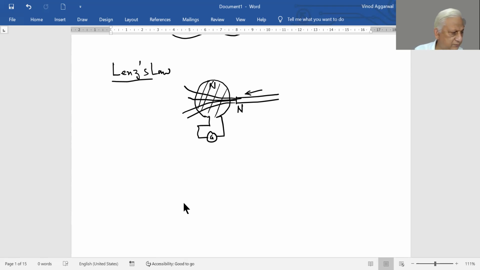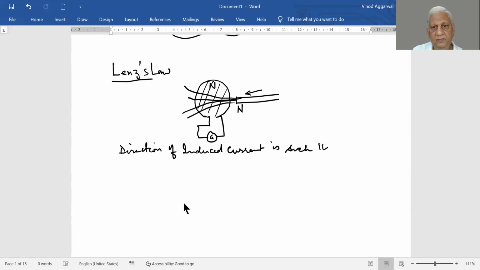Lenz's law says that the direction of induced current is such that it opposes the change that caused it.